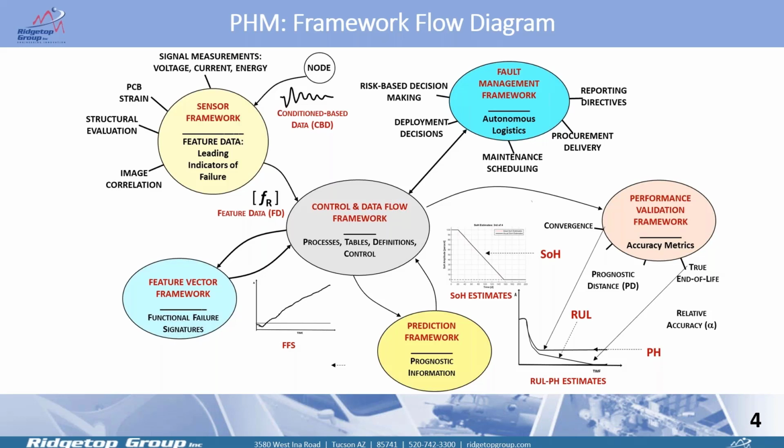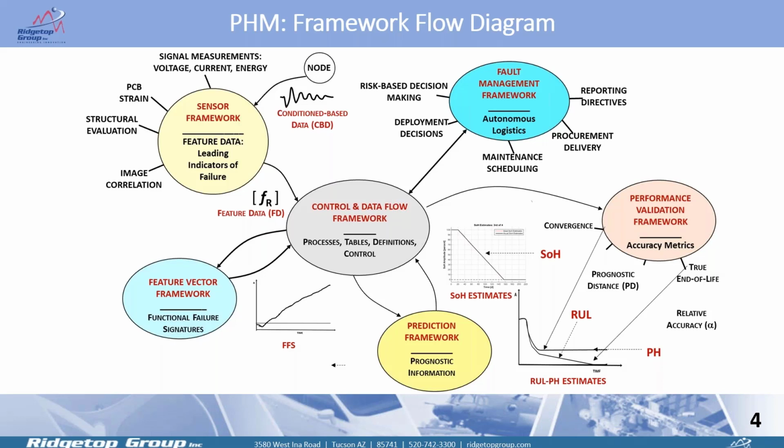That sensor and the intelligent firmware associated with that sensor collects data from the node, extracts the feature, and sends it off and gets routed to a feature vector framework or data processing that processes the data to convert it into an input that's acceptable to a prediction framework that actually does the prognosis of state of health, remaining useful life, and PH, prognostic horizon.